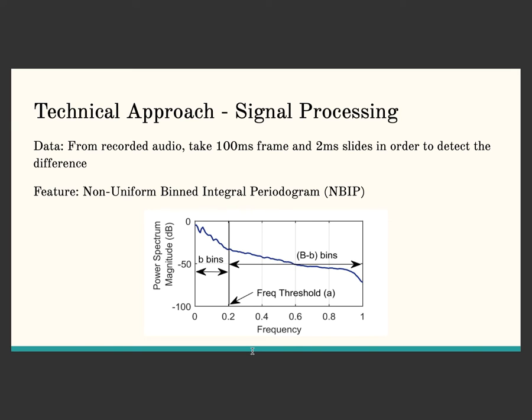The feature we're using in this project is called non-uniform binned integral parallelogram. What it does is transform the signal of a single frame from the time domain to the frequency domain, set a frequency threshold, and cut the whole frame into different bins. In this example, there are 5 bins, and the signal we care about most is at the lower frequency, because the car noise frequency is around 200 hertz.